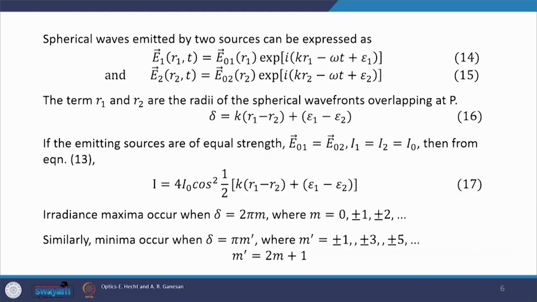Till now we were considering that the waves arriving at the point of observation P are plane, but what will happen if we put the point of observation P close to the sources, or alternatively what will happen if the waves reaching point P, the observation point, are spherical, not plane.